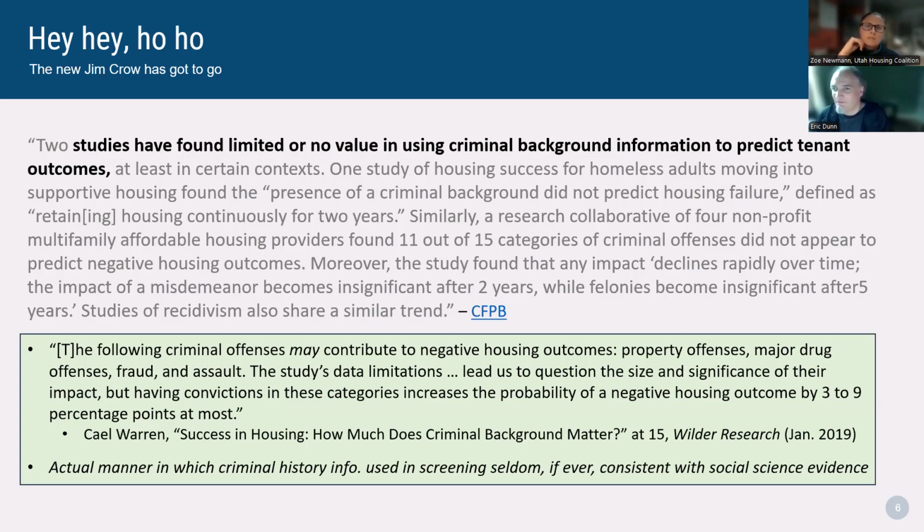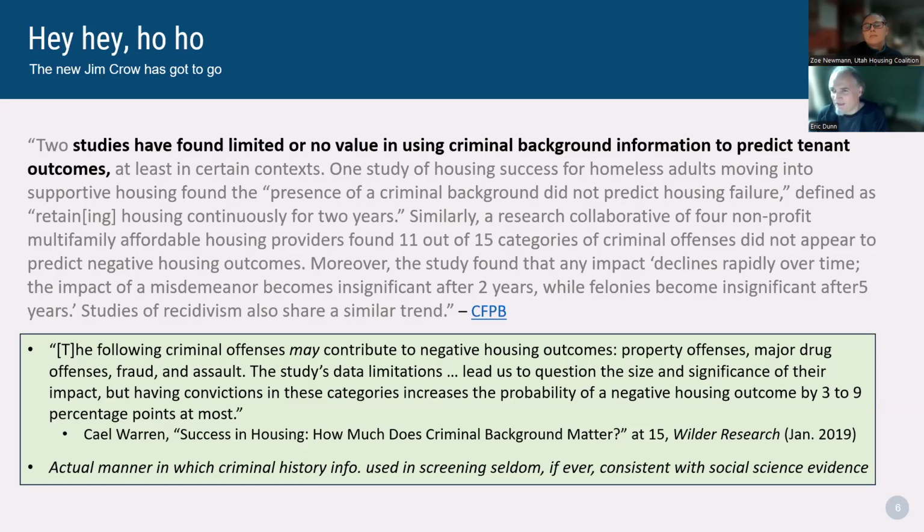It just means that the tenancy didn't work out ideally. And then, even in the four remaining categories, which are property offenses, major drug offenses, fraud, and assault, the study found a very minimal impact in terms of the actual increased risk that that person would have a negative outcome.